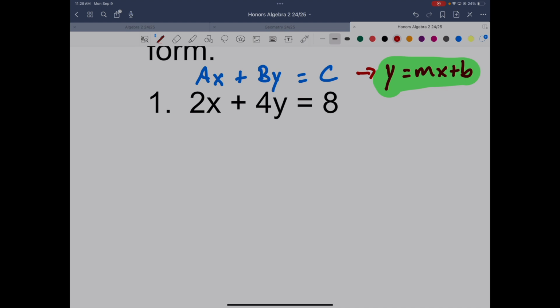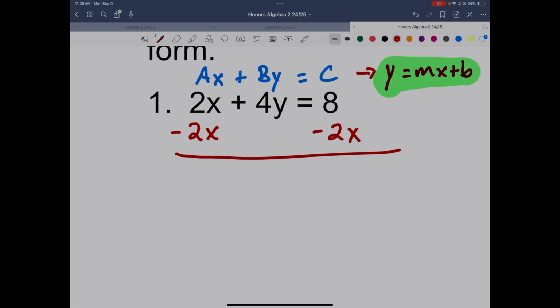So just like we did before, we've got 2 on one side and 1 on the other, so we're good to go. That means we're going to move some things around. Okay, so I want the x on the other side of the equal sign. So I'm going to go ahead and subtract 2x from both sides. As long as I do things to both sides of the equation, the equal sign, I'm good to go.